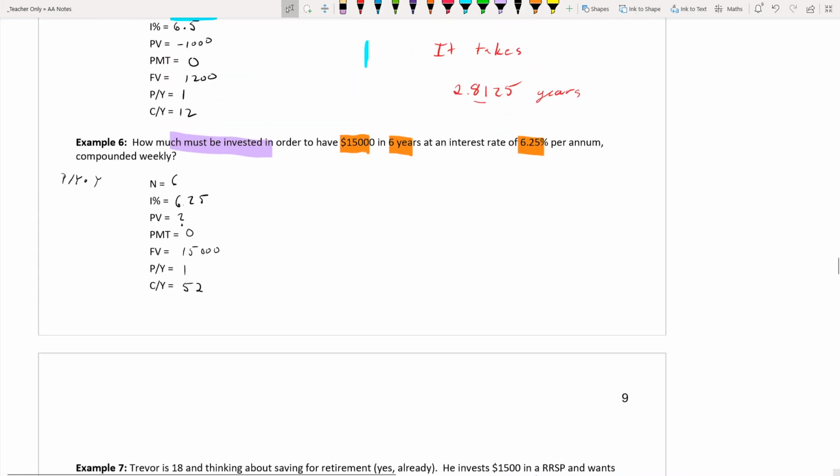So allow me to write that down here. The amount invested will have to be $10,311.669. We're going to round it to 2 decimal places. There we have it. I hope this has been helpful. If you have any questions, feel free to ask.